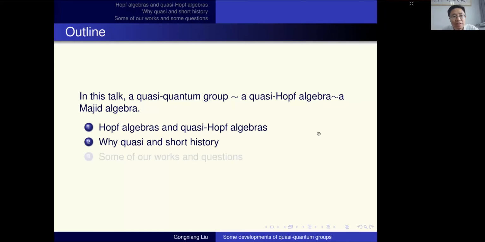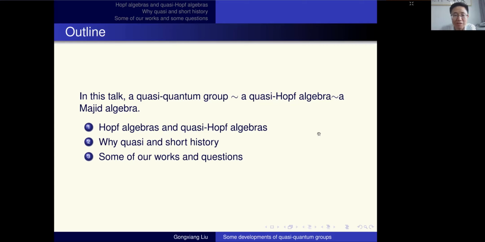Why we need it, and from my point of view, I collected some short history about its development. Then at last, I want to introduce some of our works and put some questions for our future research, or for your test maybe. So at first, I want to recall the Hopf algebra and the quasi-Hopf algebra.